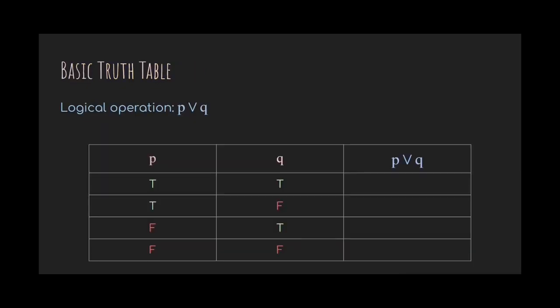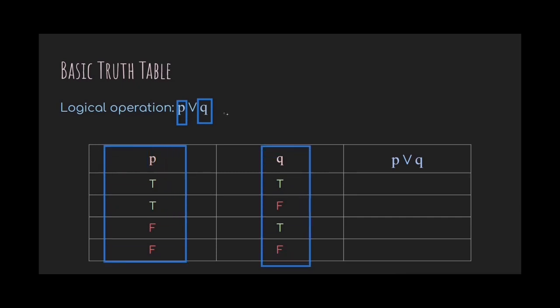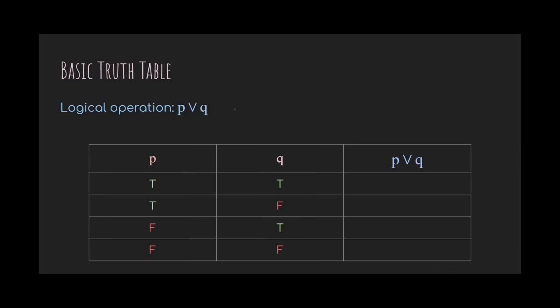Here's what a basic truth table looks like. So let's first break down the components of it. For every proposition in a logical operation, you need to make a column for it. If there's an R, you need to make a column for R as well. Now, since there are only two propositions in this, these are all the combinations of truth values that we're going to get.